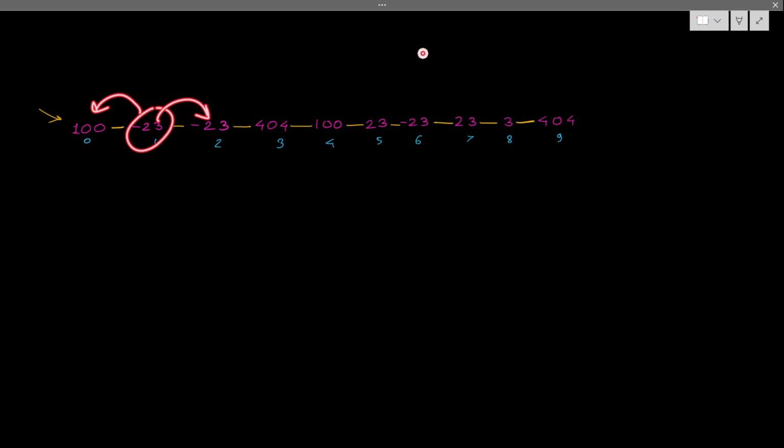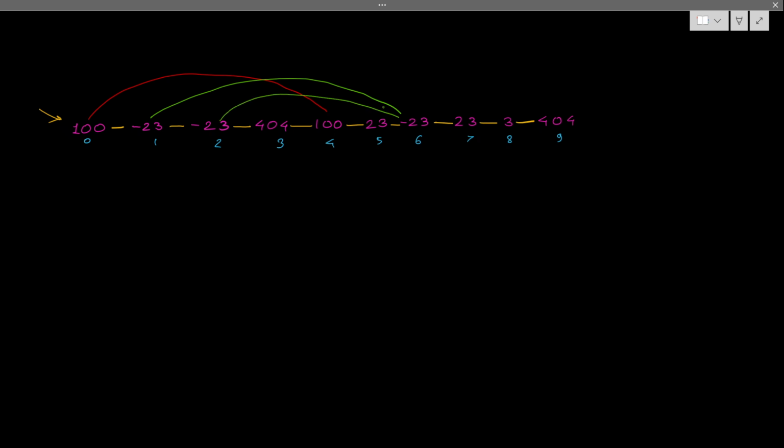There is a path. Now there are some special paths, like this 100 to this 100 you can go. Similarly, vice versa. From this minus 23 to this minus 23 you can go, and also this minus 23. So vice versa paths are there.